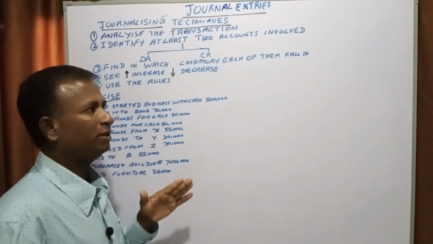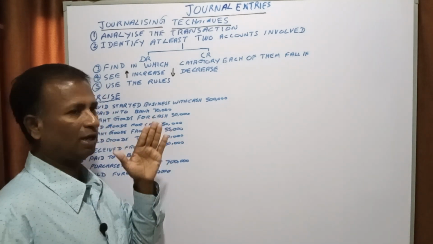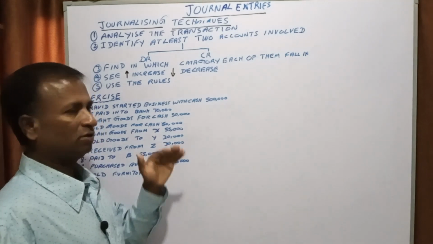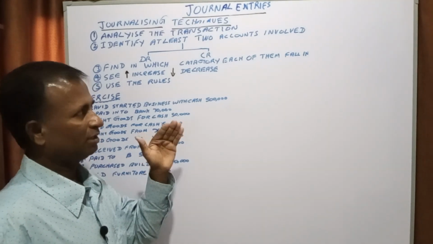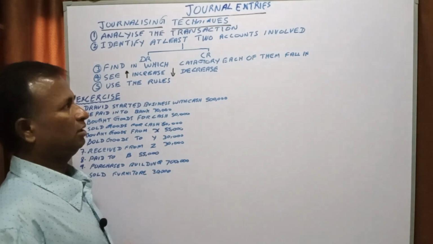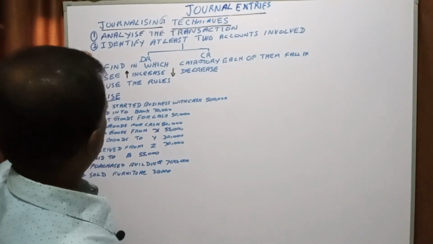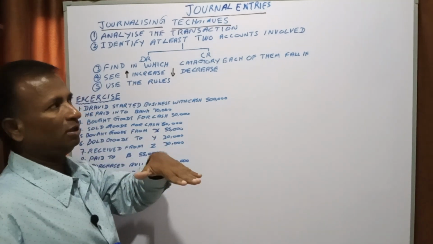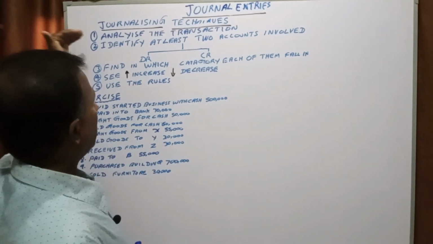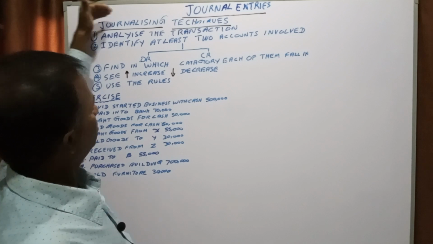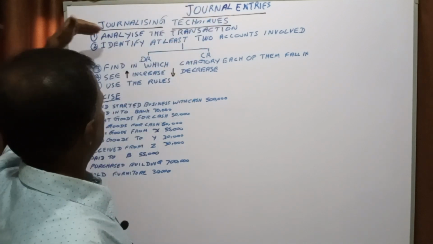What are the expenses? And what is the liability? How the liability is categorized and so on and so forth. So now it will be easy for you to understand how to pass the journal entries.